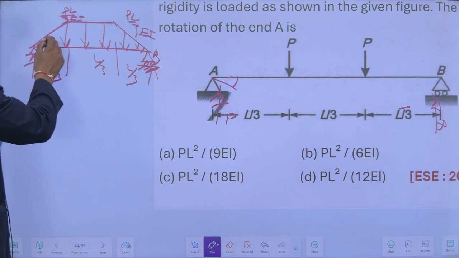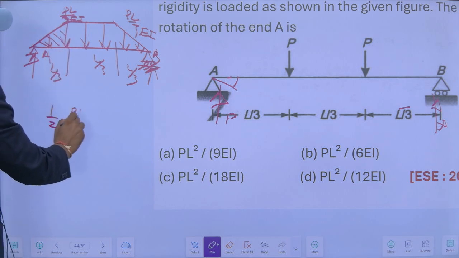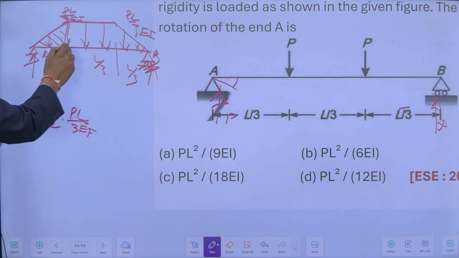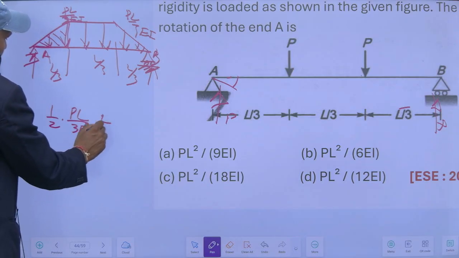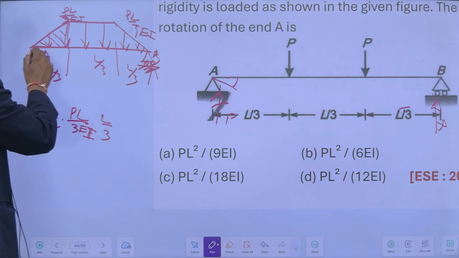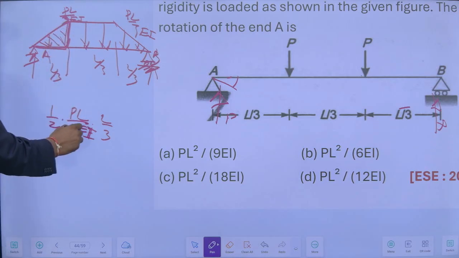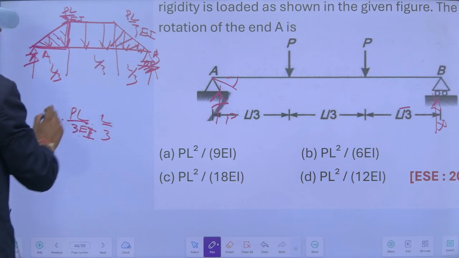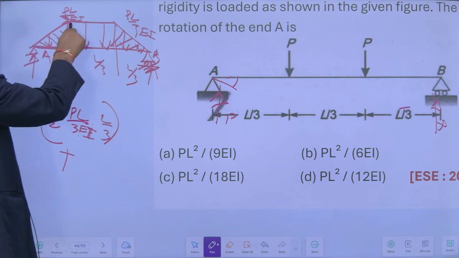Area of this is 1 by 2 into PL upon 3EI, this side into this side. This is L by 3. So L by 3 is this into this. This is PL upon 3EI. This is L by 3 into 1 by 2. And the same, this will be same, so I will multiply it by 2. This load plus the load of this central portion.